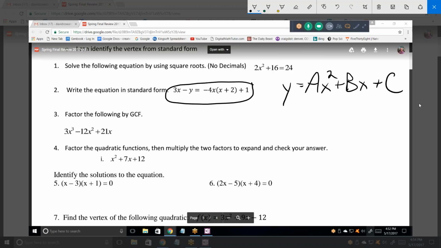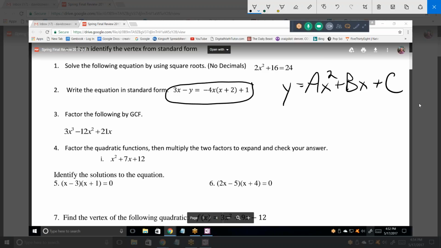In other words, the one they gave us earlier was standard form, and when it's in standard form, you can still figure out the vertex. It's minus b over 2a, with that being b and that being a. Okay, so we have to take this equation and try to put it into this format.